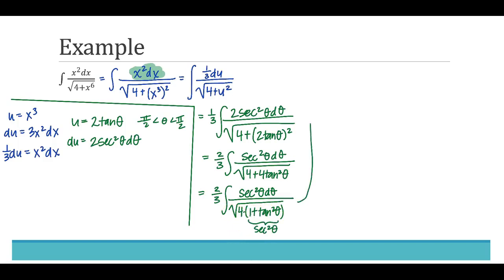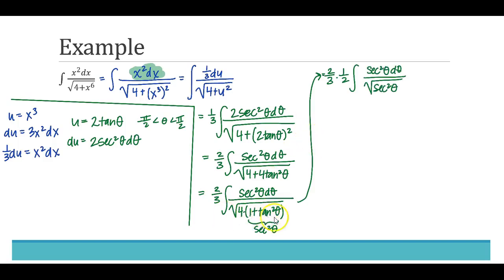So I'm going to go ahead and bring this up to the top to make some space. So what I have is 2/3 in the front. What's going to join it in the front is a 1/2. Because the square root of 4 is 2, but 2's in the denominator. So I have 2/3 times 1/2. Those 2's will cancel. And then the integral of secant squared theta d theta over the square root of secant squared theta.